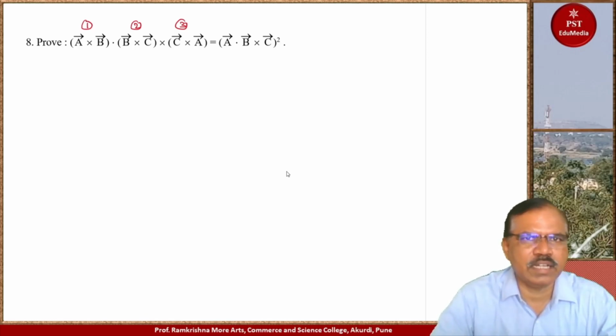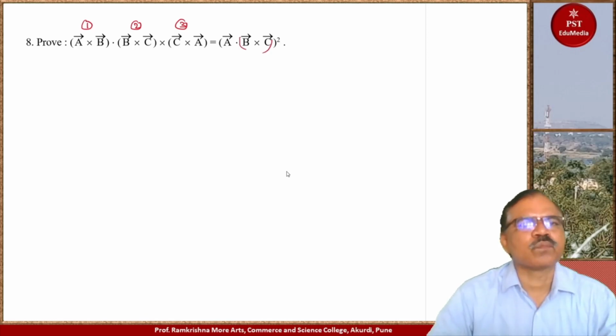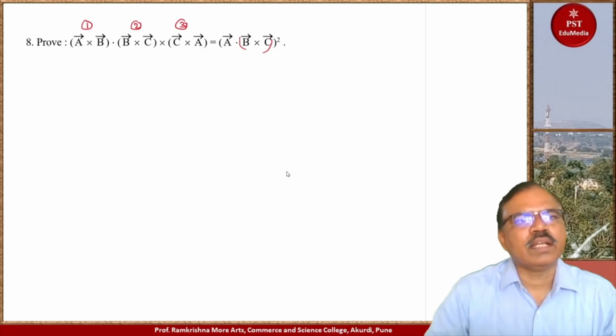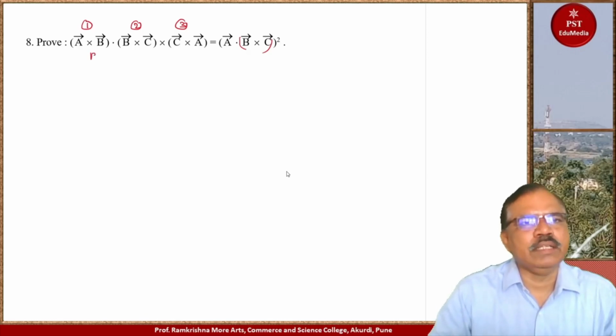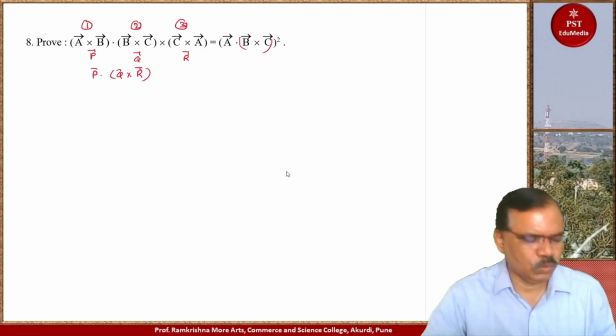Bracket square means you can take this in bracket also. So here, suppose this is P, this is Q, and this is R. So it is P dot Q cross R simply, like this.